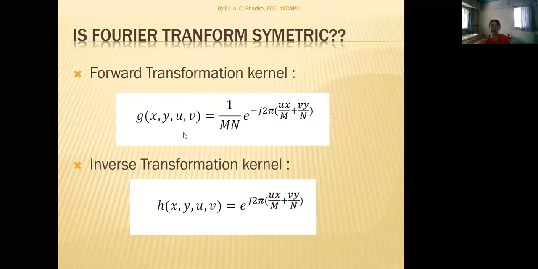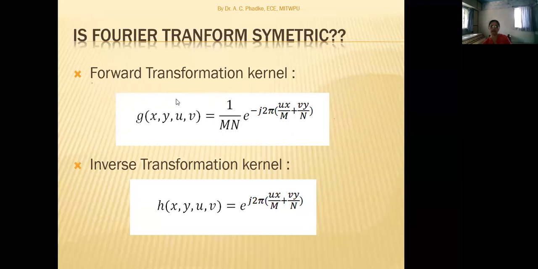If we say discrete cosine transform, this discrete cosine transform only has cos terms, so it is real in nature. It doesn't have sine terms which are 90-degree out of phase with the cos terms. So that's why discrete cosine transform is a real transform.